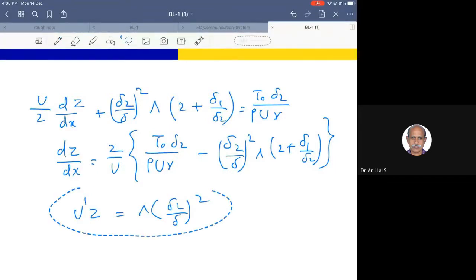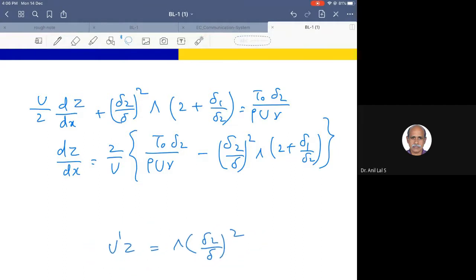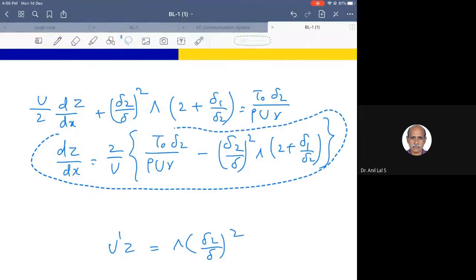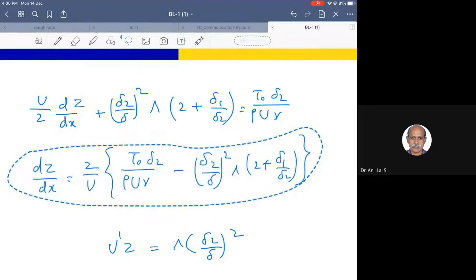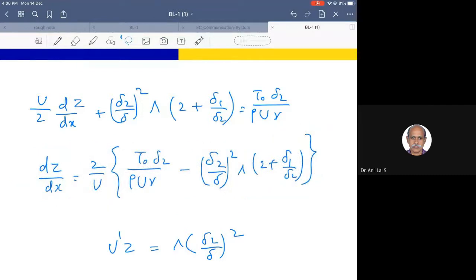These are the two important equations which are going to be solved numerically. This is an equation for dz/dx, which is solved numerically over the body surface, starting from the forward stagnation point on the body, and this equation and this equation are solved for the different parameters, starting with a certain set of values.